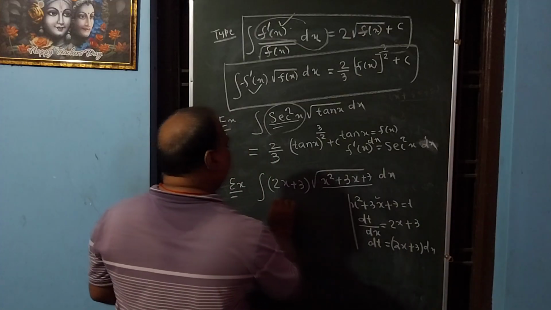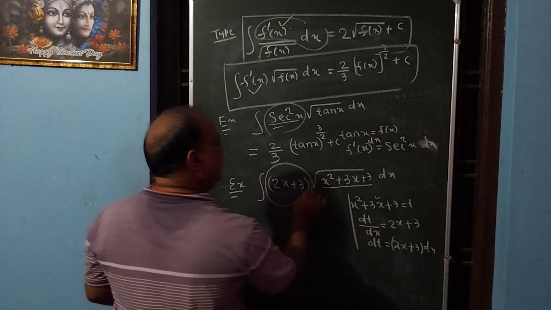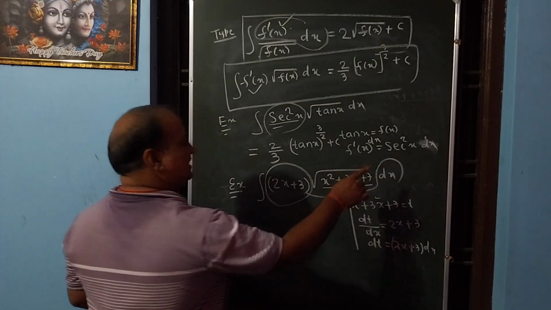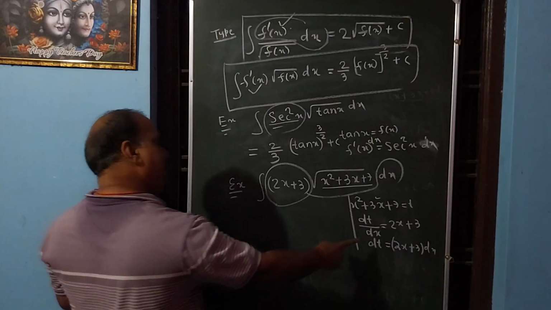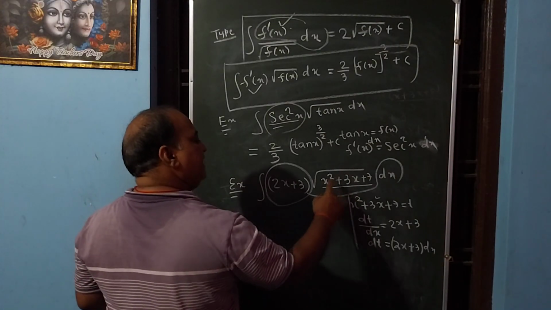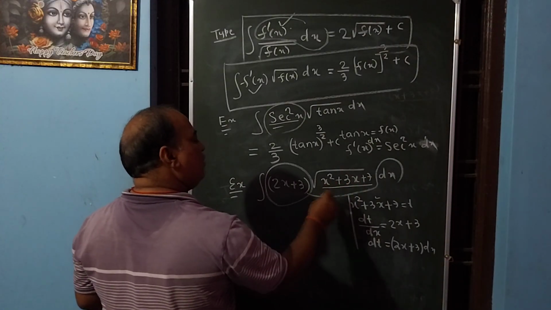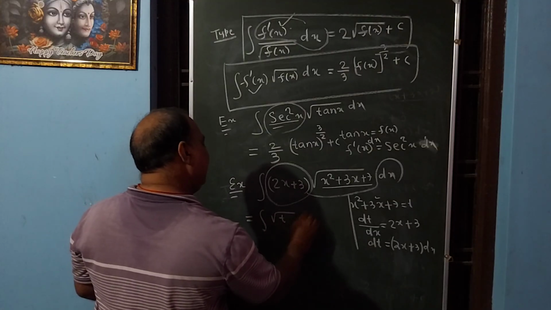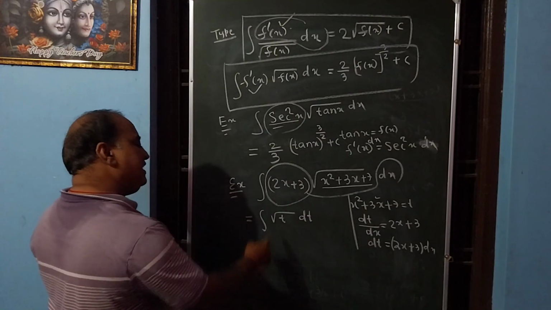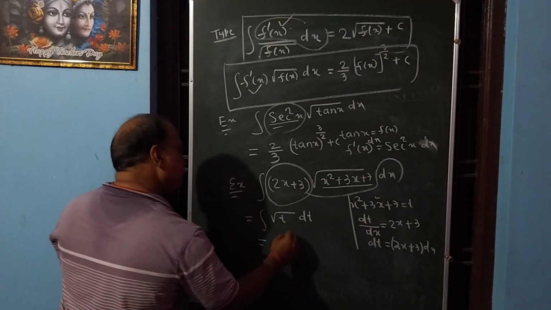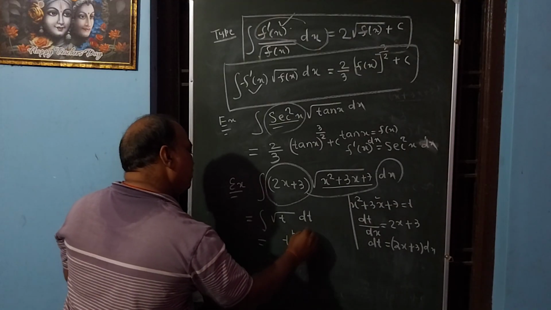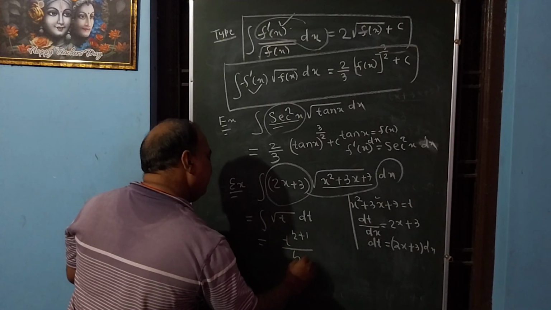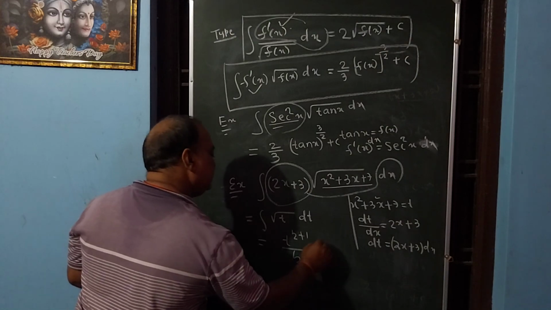So now it will be gone. In place of 2x plus 3 dx we have to write dt. So in place of root over of x square plus 3x plus 7 we have to write root over of t. So this integration value becomes t to the power half plus 1 divided by half plus 1 plus c.